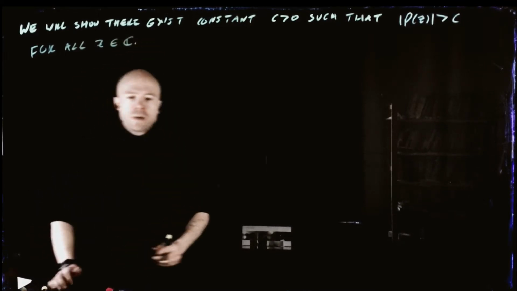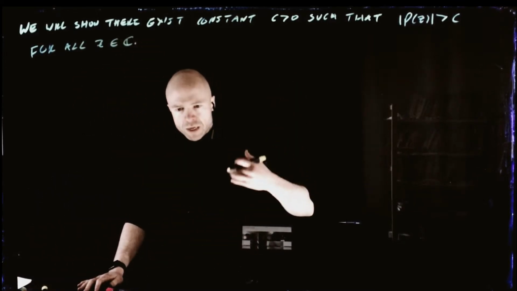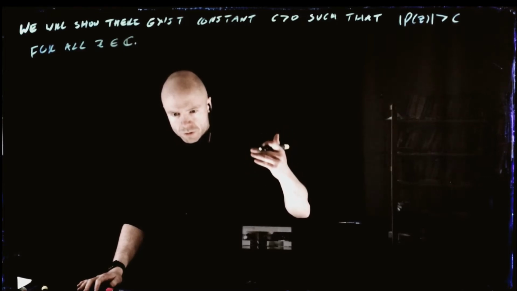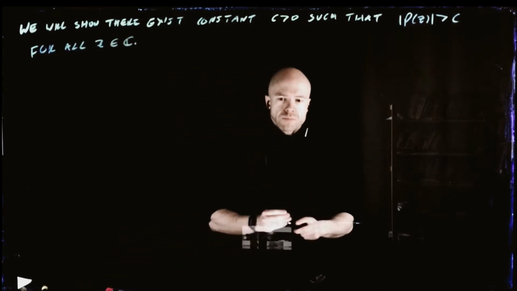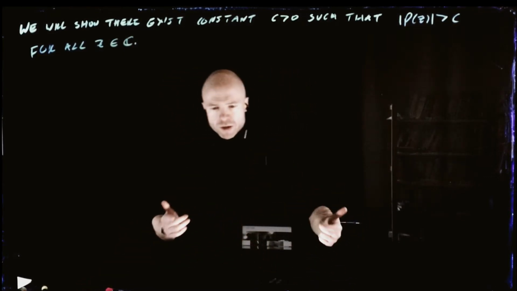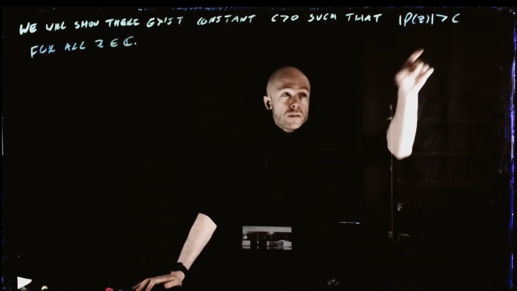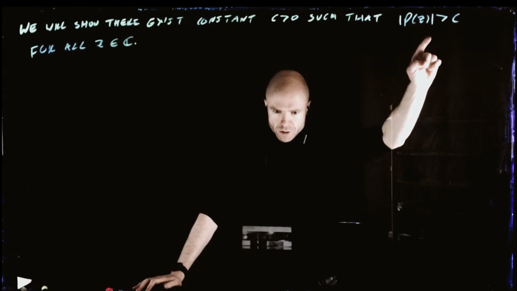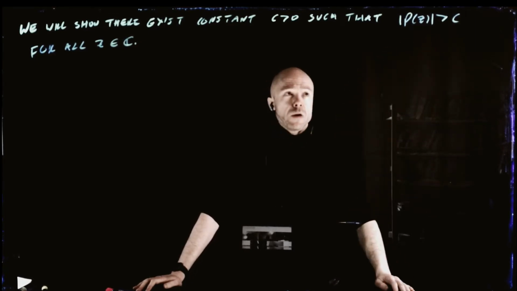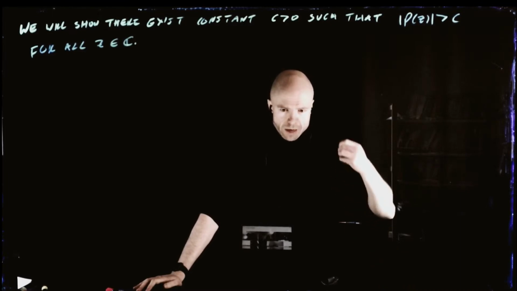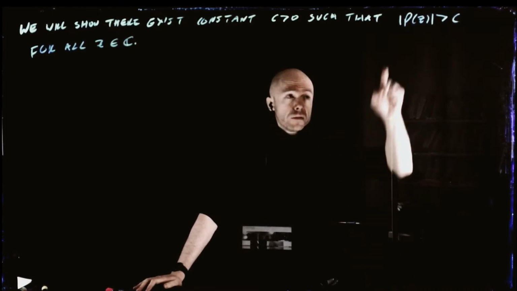And once we show that, then 1 over P of z will be a bounded holomorphic function, and therefore a constant. So we're arguing by contradiction. We have that P of z doesn't have any roots, but this is obviously a much stronger statement. Okay, now give me suggestions. How are we going to conclude from the fact that P of z doesn't have roots that this is true?